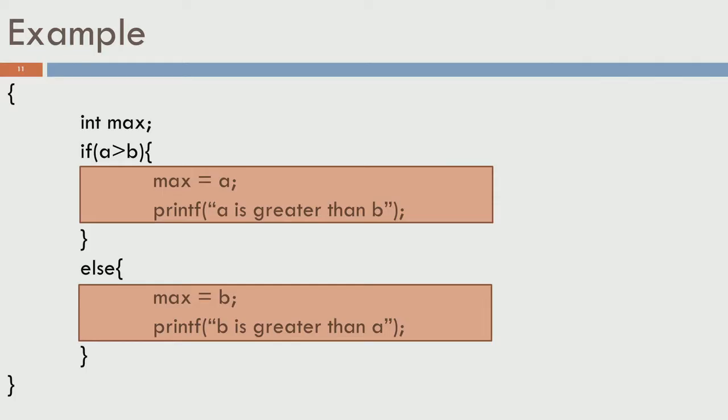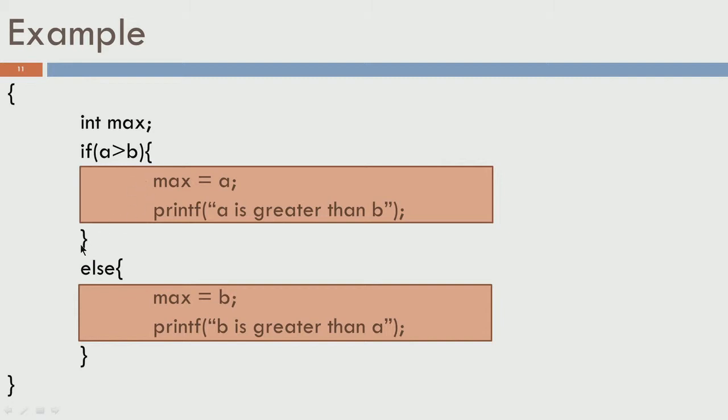If you notice, you have left and right braces for if a greater than b, and we have left and right braces for the else clause also, and this is one logical unit. So, if a is greater than b, the maximum is indeed a, and you can also print. So, this is one logical unit. I highlight it in orange here. However, the compiler only looks at this left and right brace.